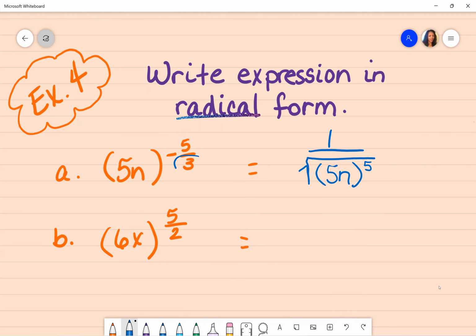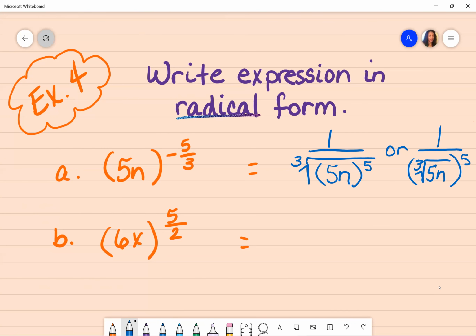The denominator is your index, so that's what goes on your actual radical. This is the way I typically write it, but I have seen it shown as 1 over, and then they'll take the entire cube root and raise it to that power. Either way is acceptable. I just prefer the first way.